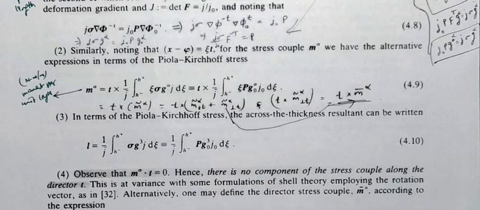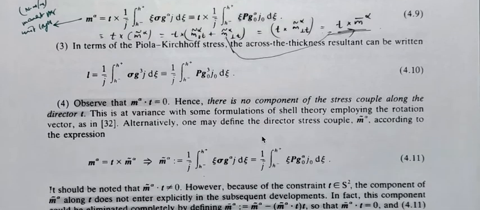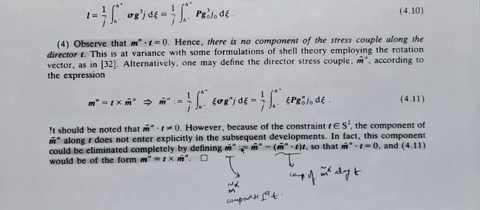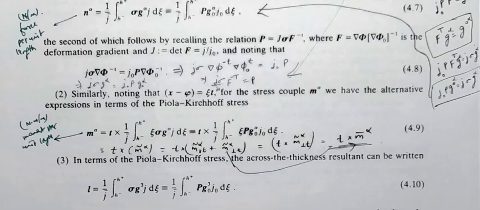So it is only this component which will be contributing. So we can write it as t cross m tilde alpha perpendicular t, and this we are calling t cross m bar alpha, which is mentioned over here. So m bar alpha can be written as m tilde alpha and subtract from that the component which is parallel to t. So we get this m bar alpha, and this is the effective moment which is contributing in the moment equation.